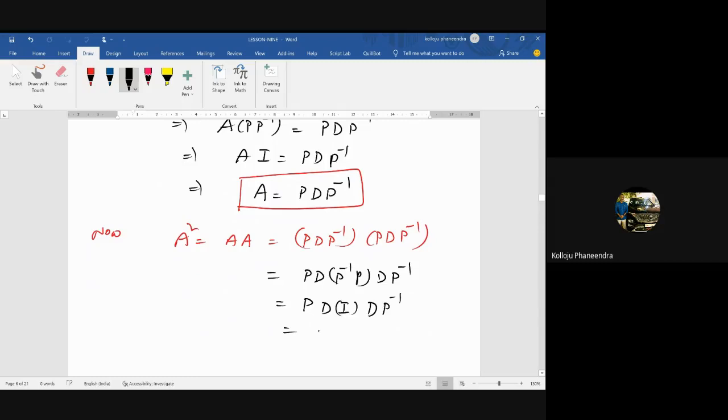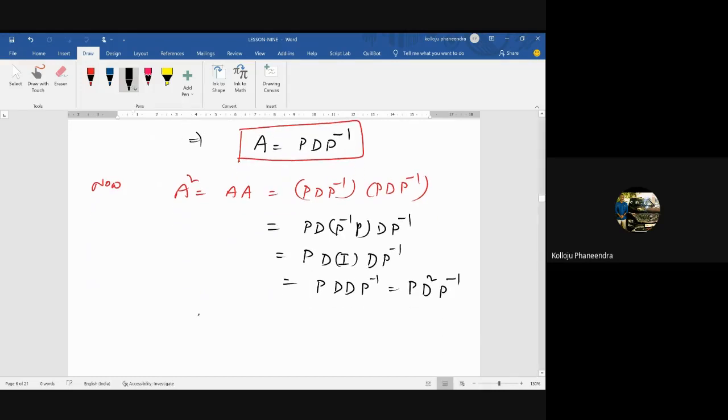So this is P D into D P inverse, that is equal to P D square P inverse. Therefore, A square is P D square P inverse.